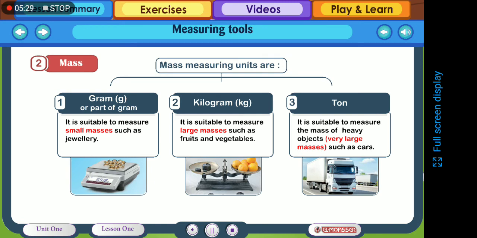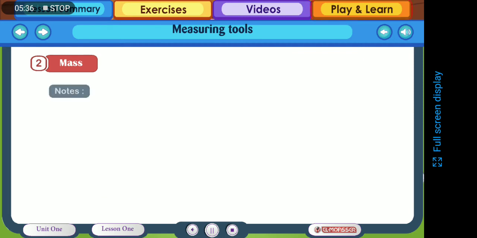It's suitable to measure the mass of heavy objects, very large mass, such as cars. Don't forget, 1 kilogram equals 1000 grams. 1 ton equals 1000 kilograms. And if I say 2 kilograms, you will say 2000 grams.